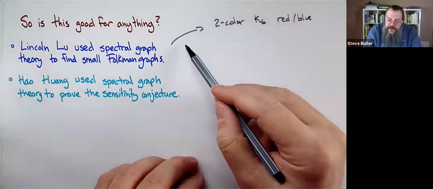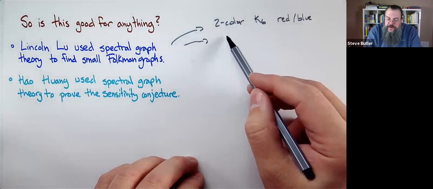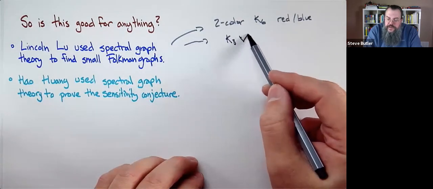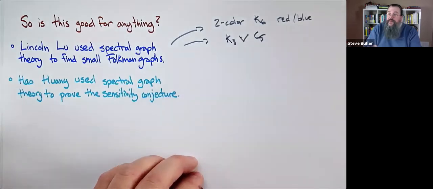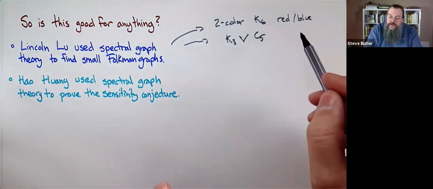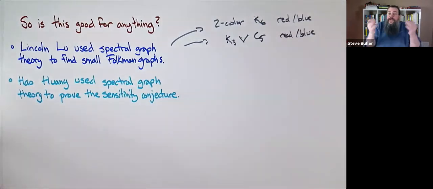And the answer is no. You can actually get away with it if you take K3 joined with the graph C5. So this has 8 vertices. And again, you color red, blue. Then you can show you have to have either a red triangle or a blue triangle. Okay, all right, great. Now that has a K5.